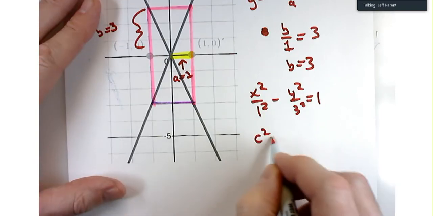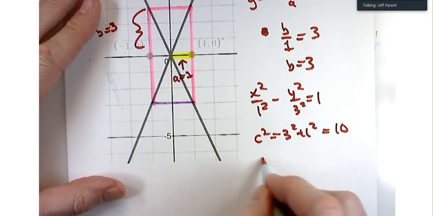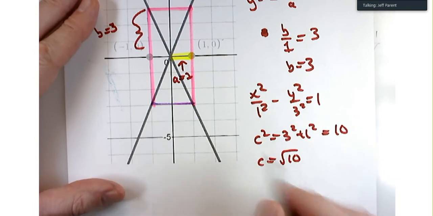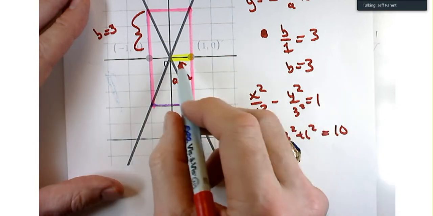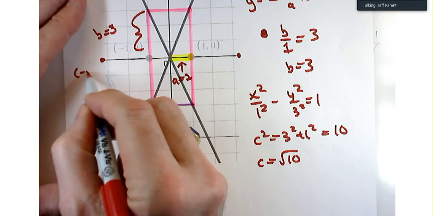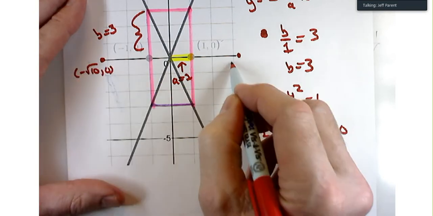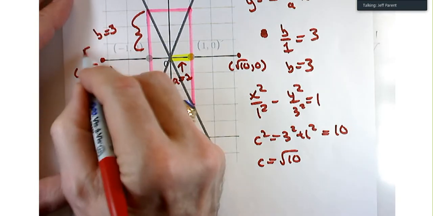So c squared is going to equal 3 squared plus 1 squared, which is 10. C will be the square root of 10. That's going to be a little bit over 3, 3.16 maybe. So about here and here. Negative square root of 10 and 0, and square root of 10 and 0. That's going to be your foci.